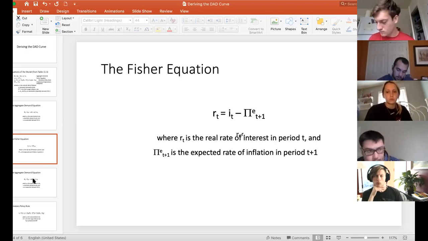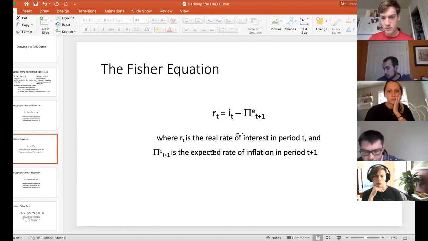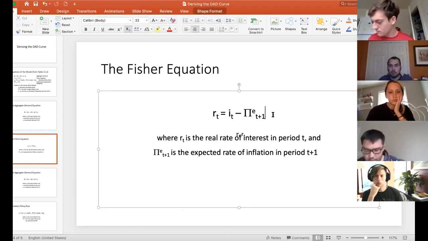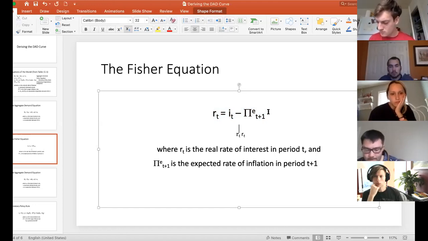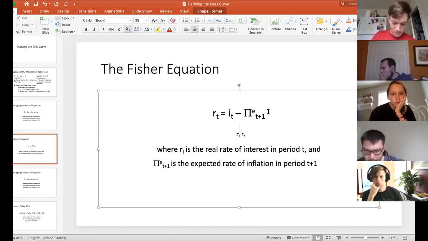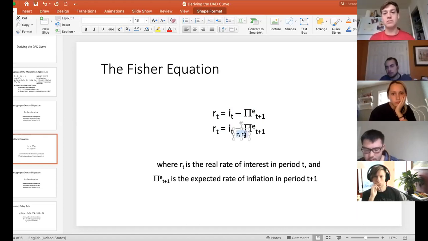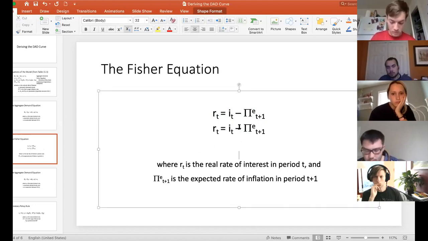Okay, so the idea here is if you're a lender and you're trying to decide what interest rate you want to charge, you're trying to decide what nominal interest rate to charge.